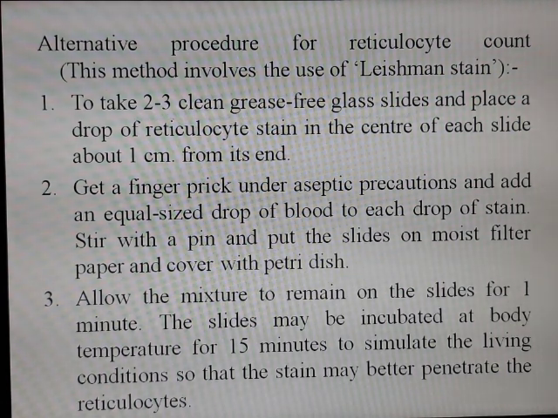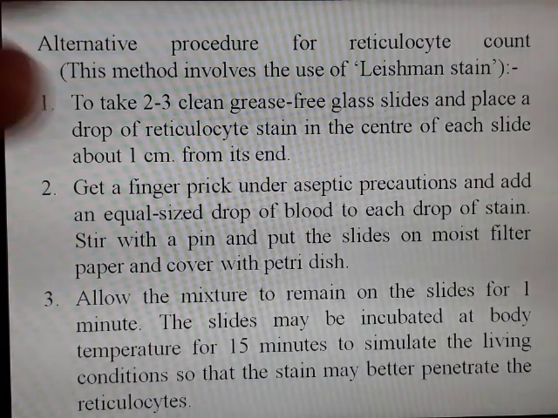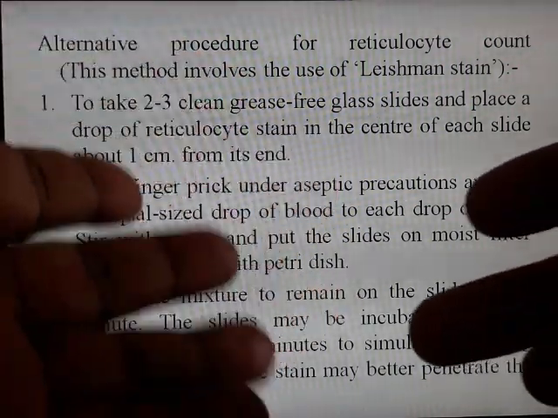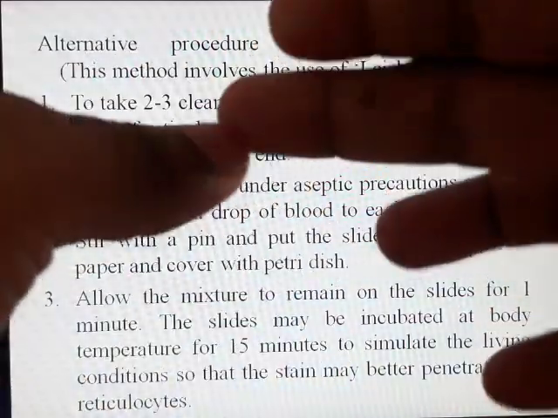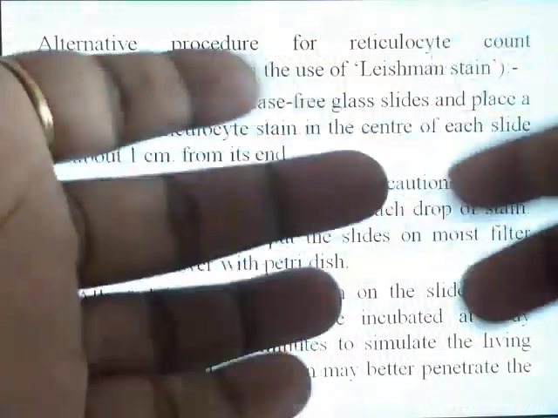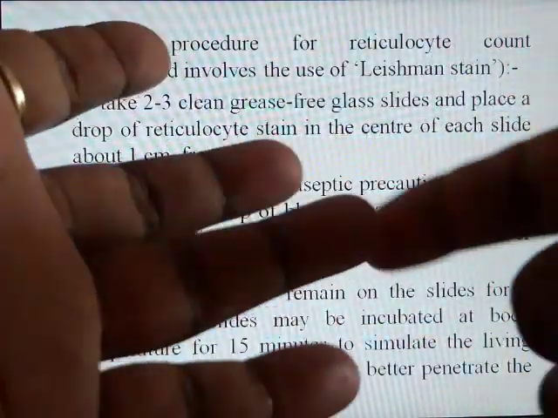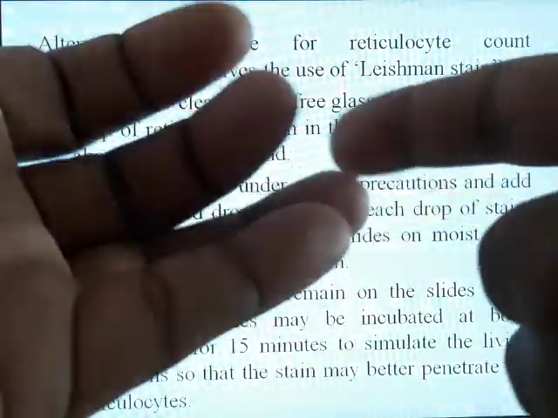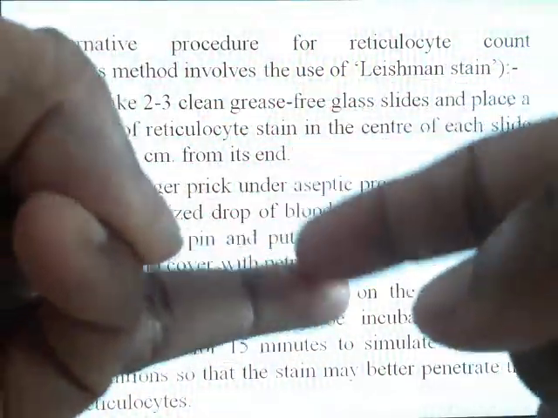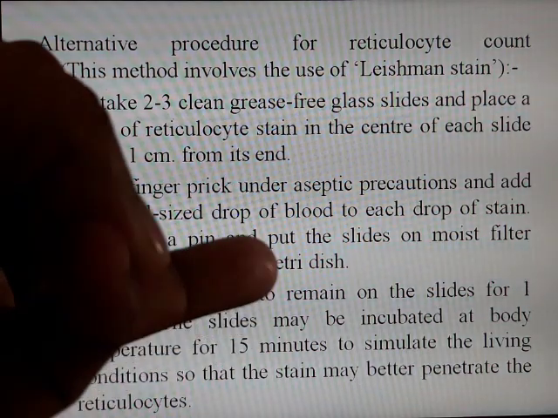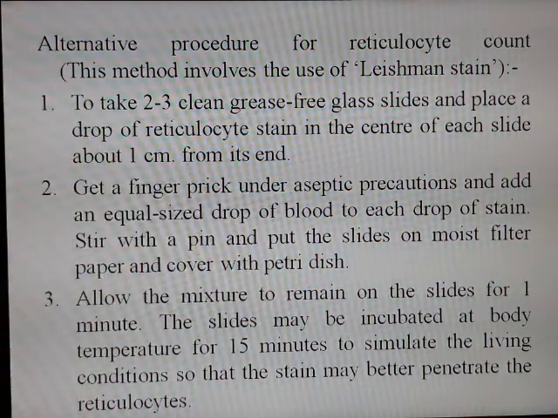Under aseptic and antiseptic conditions, we will prick one finger, the ring finger. This is the thumb, index finger, middle finger, ring finger, and little finger. Ideally, we use the ring finger to take blood samples.